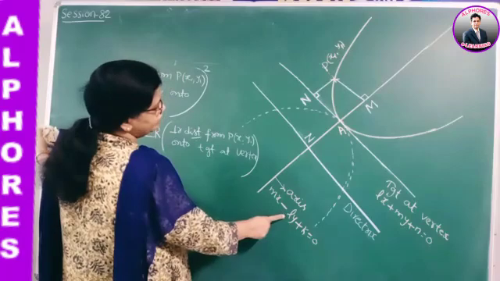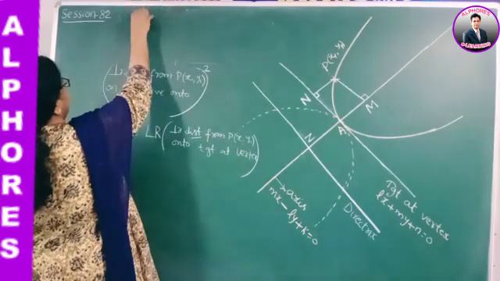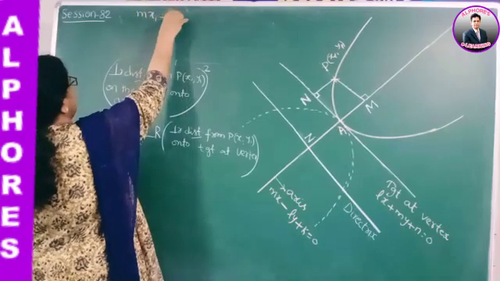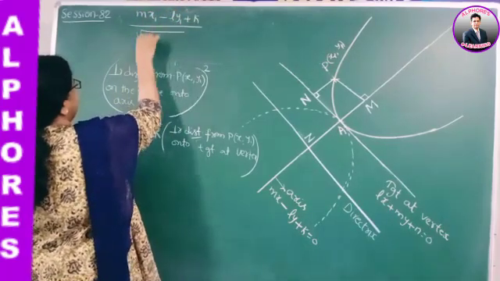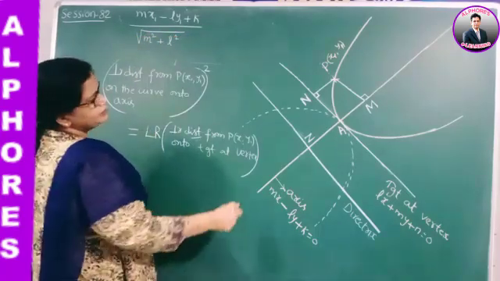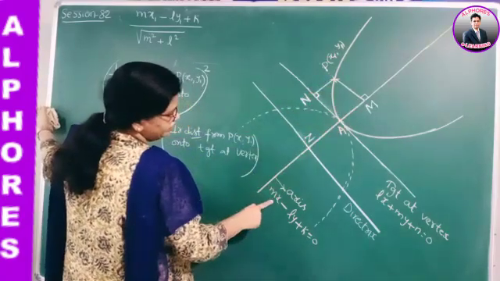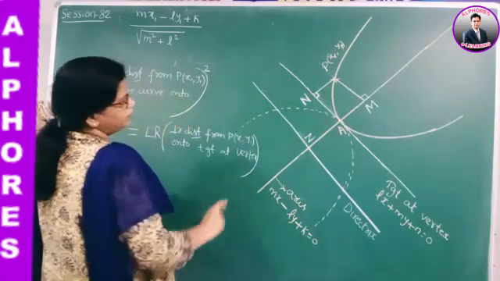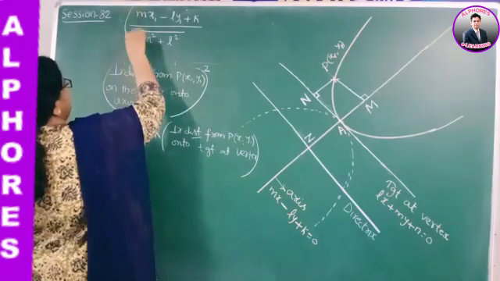This is our axis value. So if I write, it is mx1 minus ly1 plus k divided by the value under root of m square plus l square. This is the perpendicular distance from P onto the axis, and the axis equation we have taken like this.